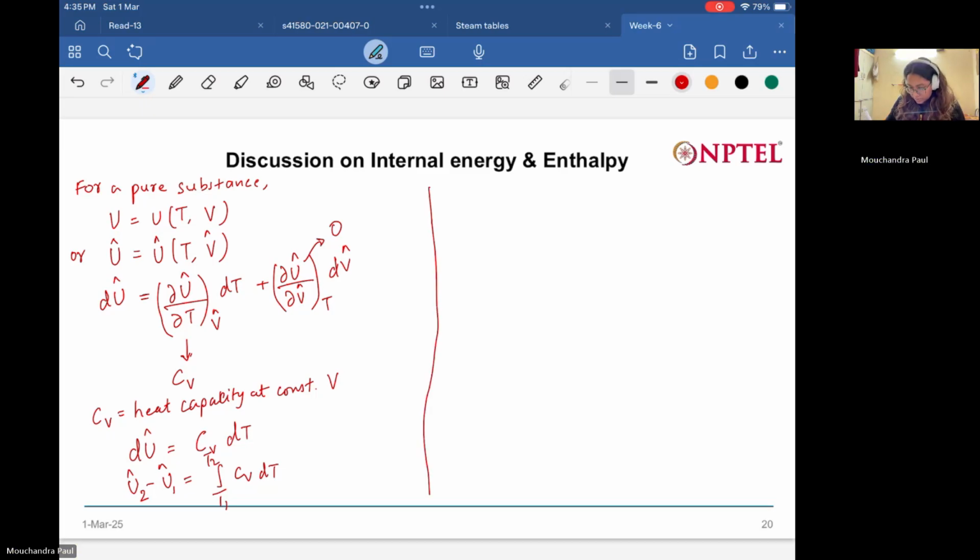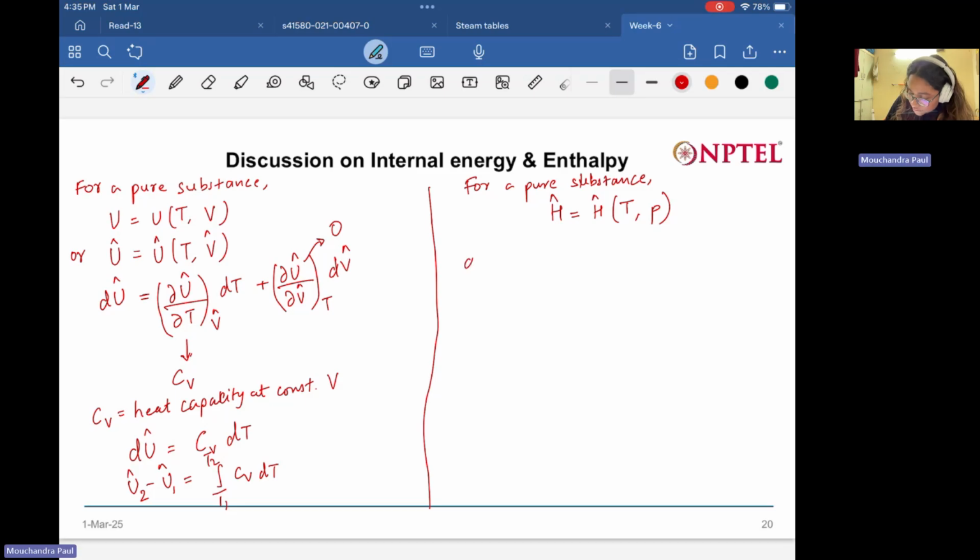Similarly, specific enthalpy for a pure substance is a function of temperature and pressure.